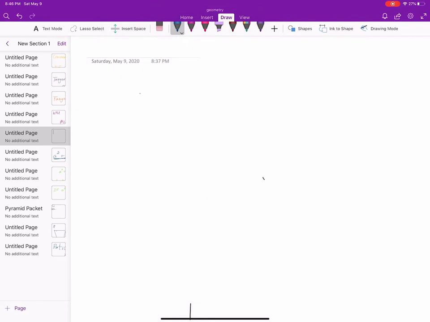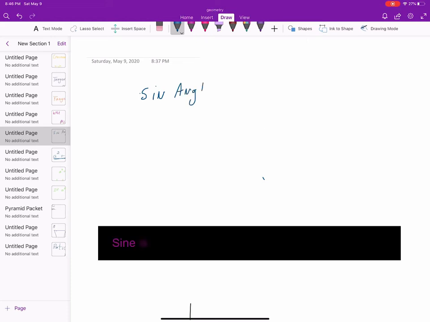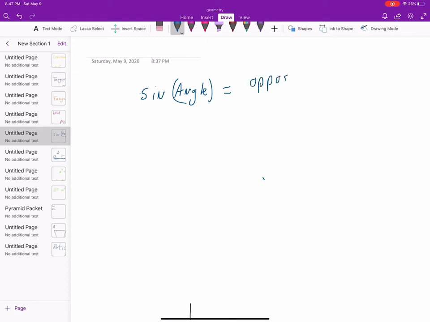So sine of the angle, just like with tangent, is equal to the opposite side over the hypotenuse.